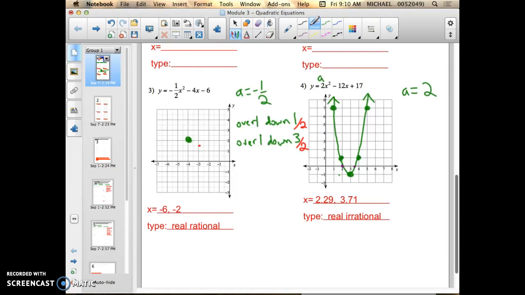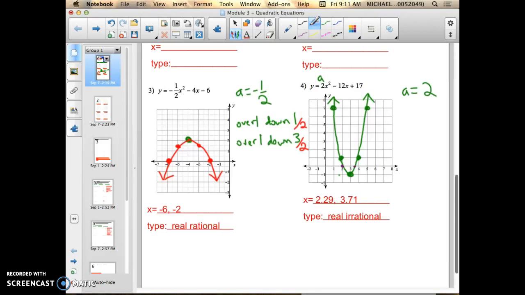So over 1, down 1/2. Then over 1, down 3/2. So 1, 2, 3. And I'm going to do the same thing over 1, down 1/2. And over 1, down 3/2. 1, 2, 3. And if you notice, because I did the step pattern exactly because of the a term multiplier, this does indeed cross my x-axis at -6, -2.